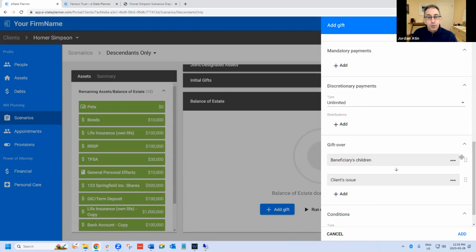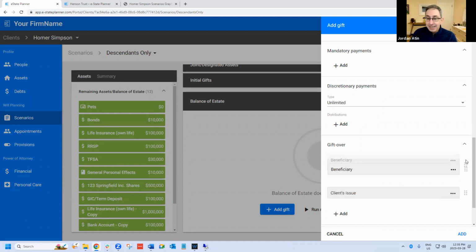And again, you would reorder it so that Bart's children get first if he has any children, and then if he has no children, then client's issue. Okay. So that's the way that gift over ordering works. So those are a couple of options. So we have either beneficiary's children or beneficiary's issue. We have client's issue.